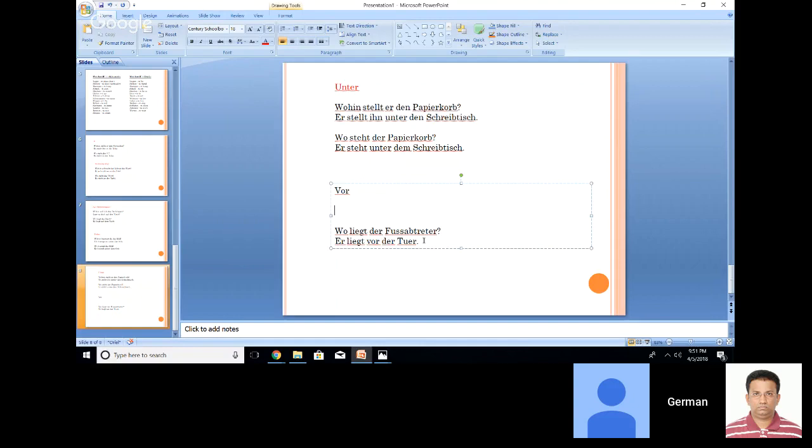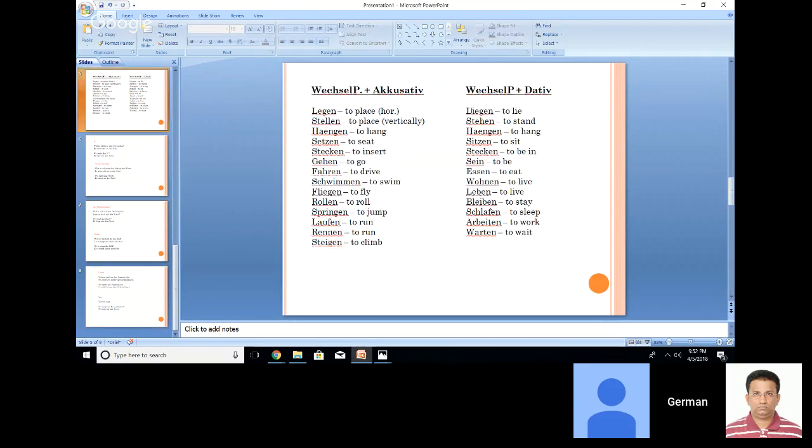Now, what would be the accusative question for this? Wohin liegt? Can you spell it out? L I E G T. Oh, liegen is used for dative.